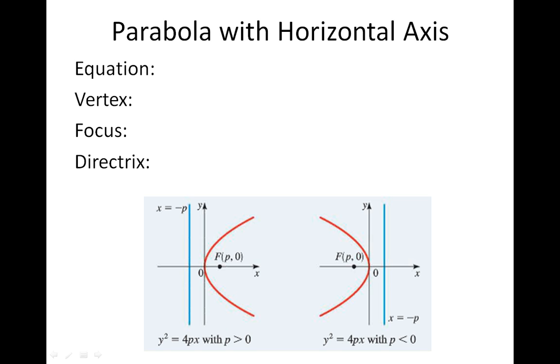Okay, so if you have a horizontal axis, your equation is going to be y squared equals 4px. In this case, still, we're going to have our vertex at 0, 0. Your focus is going to be at p, 0. And your directrix is going to be at x equals the opposite of p. So let's try a couple examples of these.